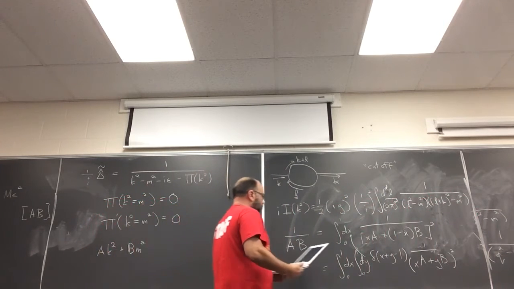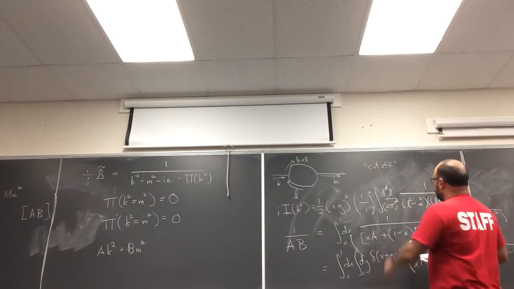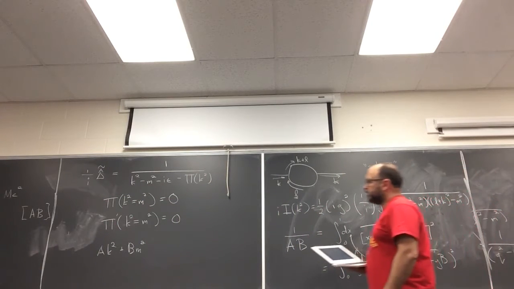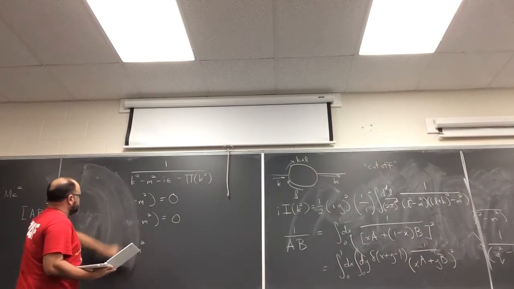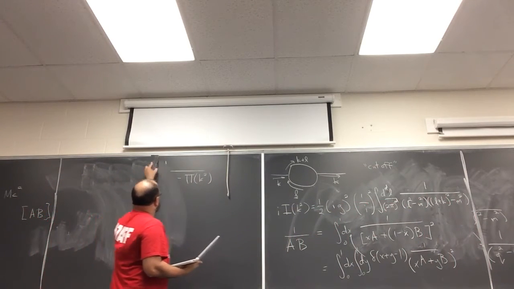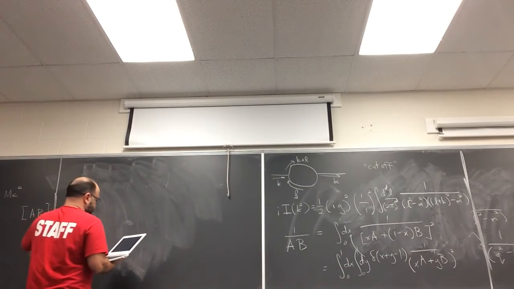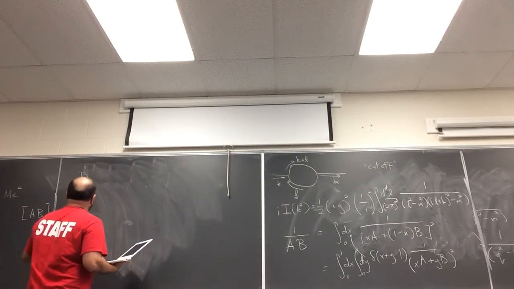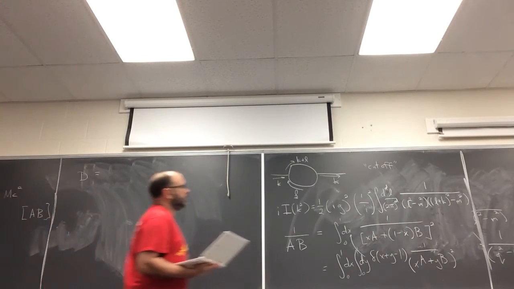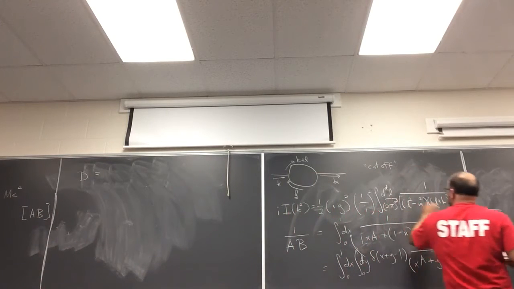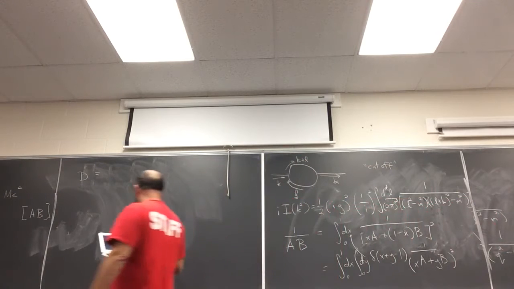Okay, so let's see how it works. We want to combine this denominator. I'm just going to denote D as my denominator, these two factors, and let me introduce the Feynman parameters.